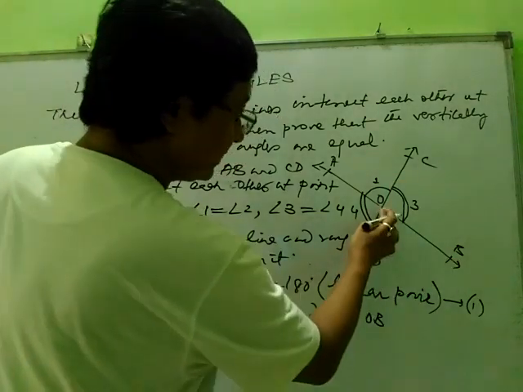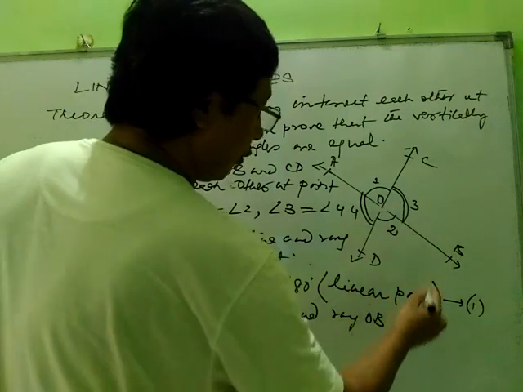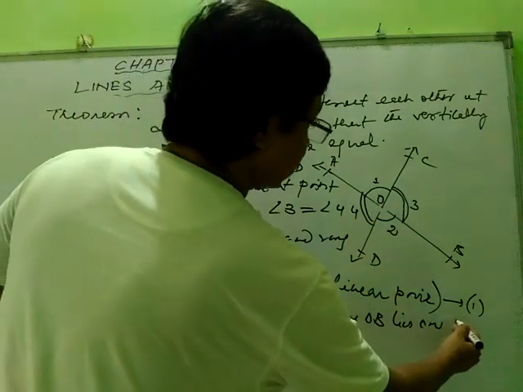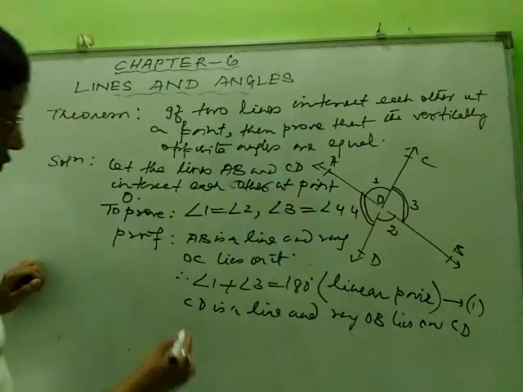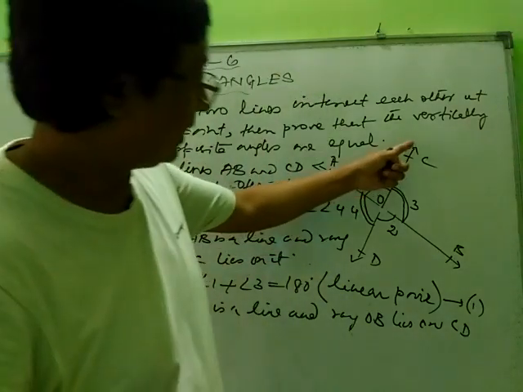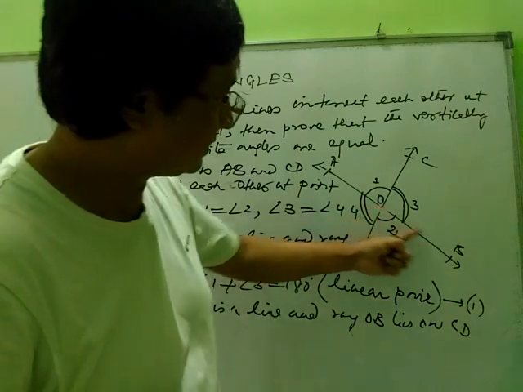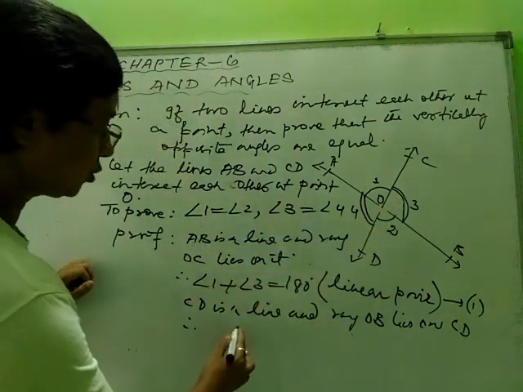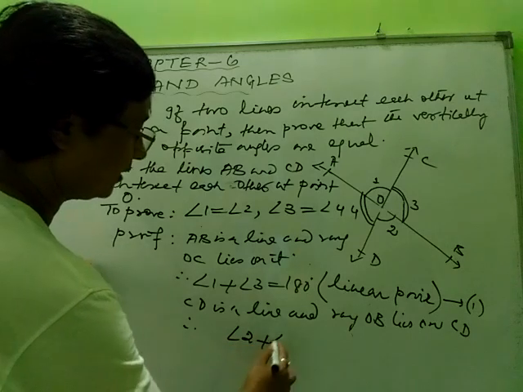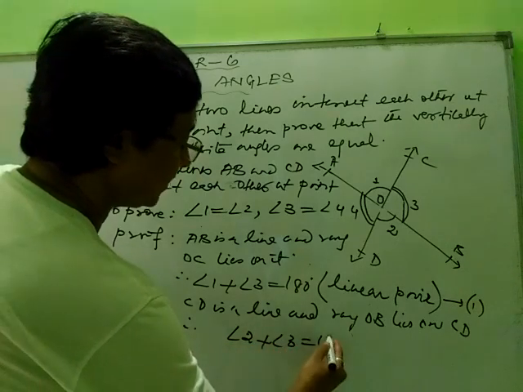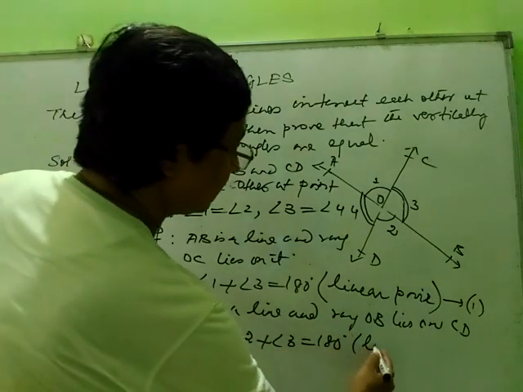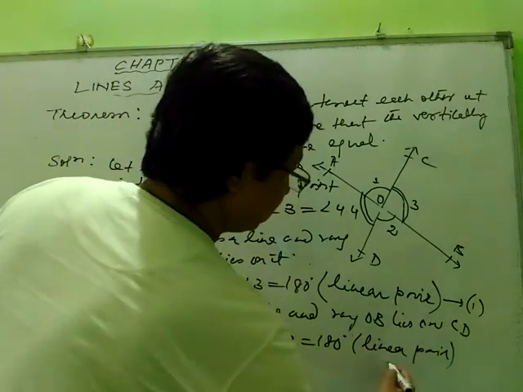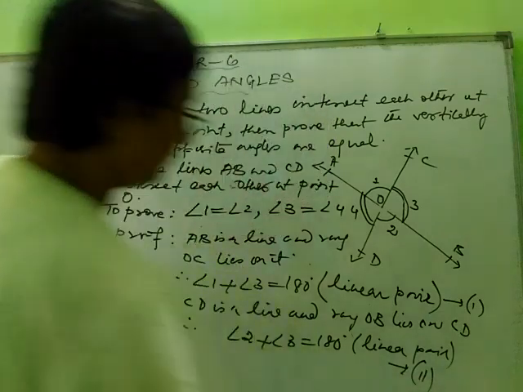This is the line, this is the ray, and ray OB lies on CD. Therefore, these are the two adjacent angles. So angle 2 plus angle 3 equals 180 degrees. This is called linear pair. So the same reason, linear pair. Put it as equation number 2.